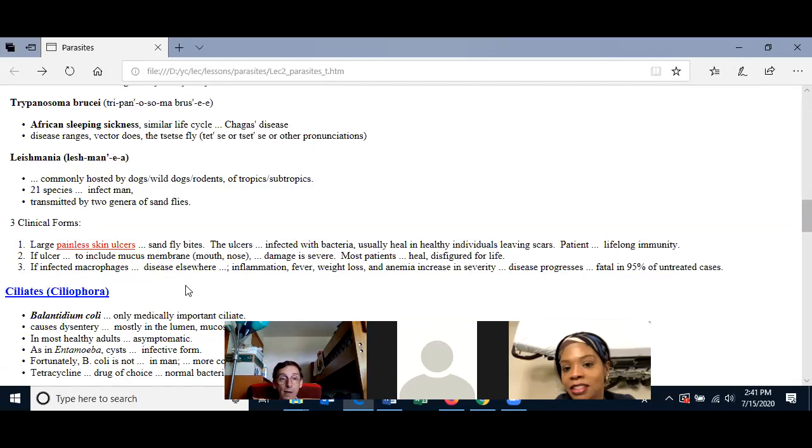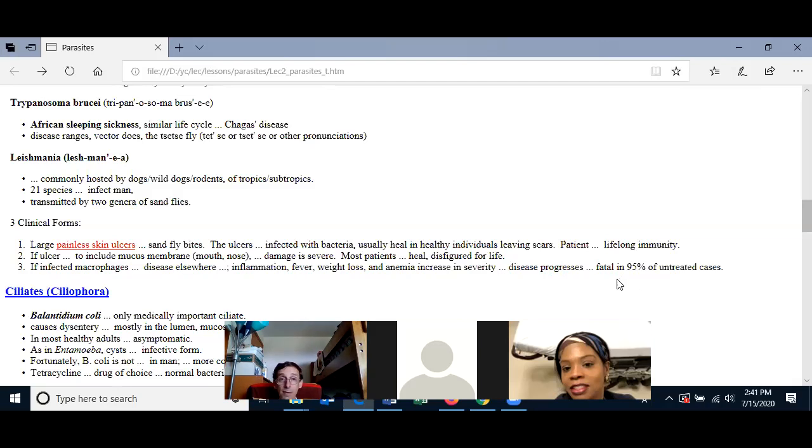It can be wherever infected macrophages carry it to, leading to inflammation, fever, weight loss, anemia, and generally these symptoms increase in severity until the patient dies, about in 95% of untreated cases.